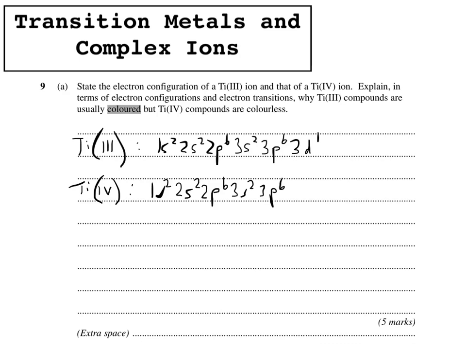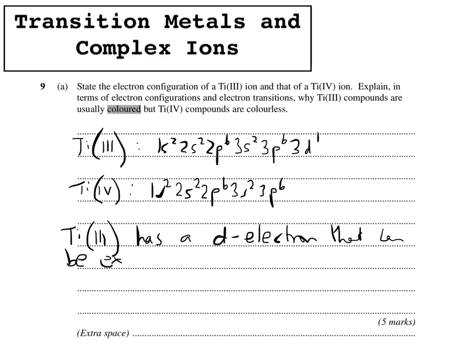So, it says in terms of electron configuration and electron transitions, why Ti3+ compounds are usually coloured, but Ti4+ compounds are colourless. And the reason is basically because the Ti3+ has a d electron that can be excited. So Ti3+ has a d electron that can be excited or promoted to a higher d orbital, and will absorb visible light.